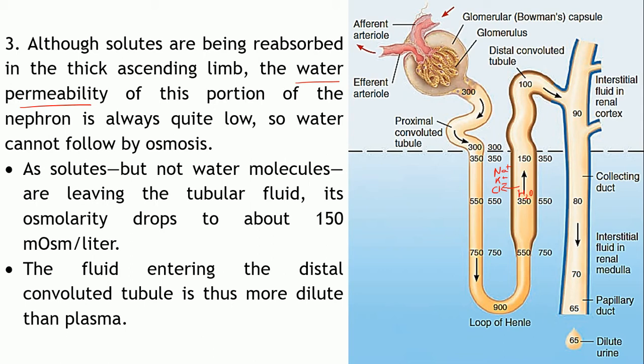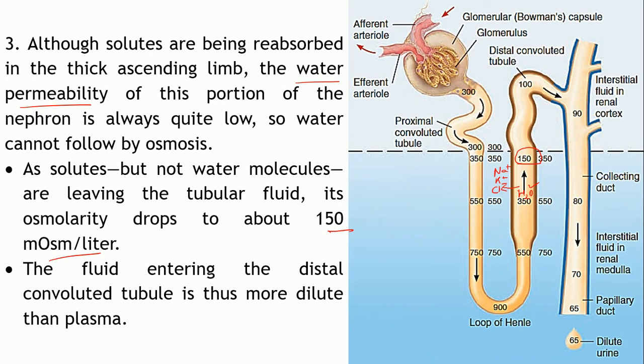Since there is a high amount of water, a high amount of solvent, osmolarity will go on decreasing as it is traveling along the thick ascending limb of loop of Henle. So as it leaves the loop of Henle, the osmolarity of the tubular fluid drops down to 150. So it becomes roughly 150 milliosmoles per liter.